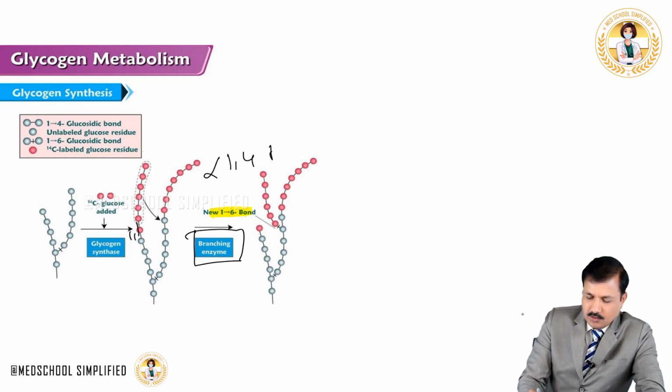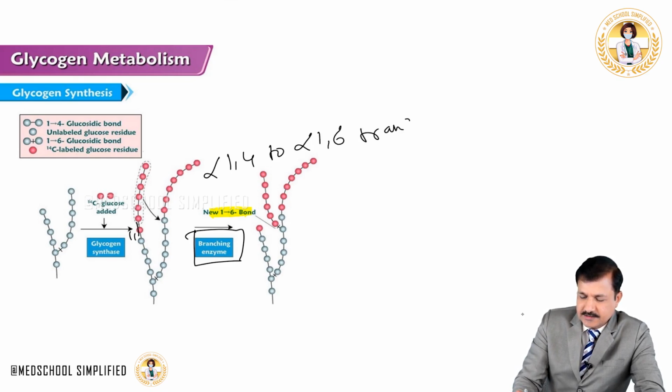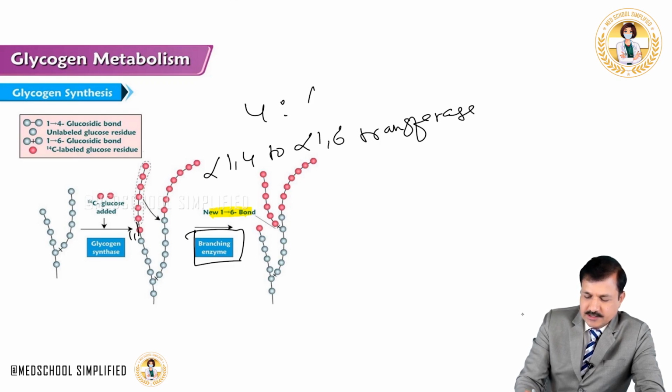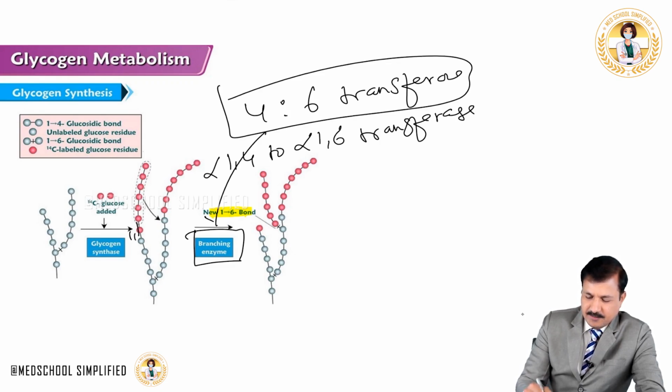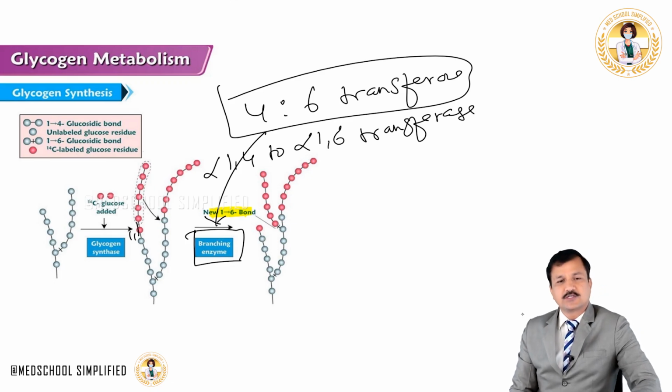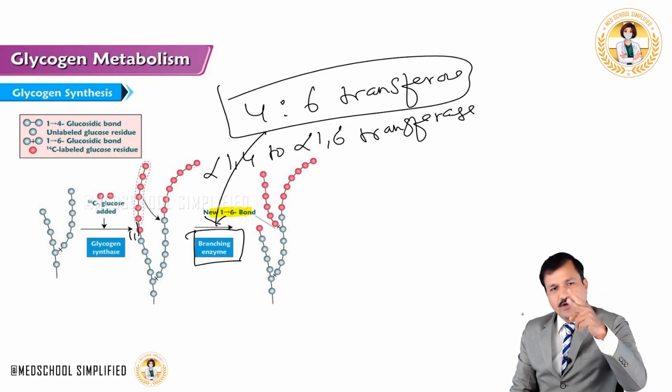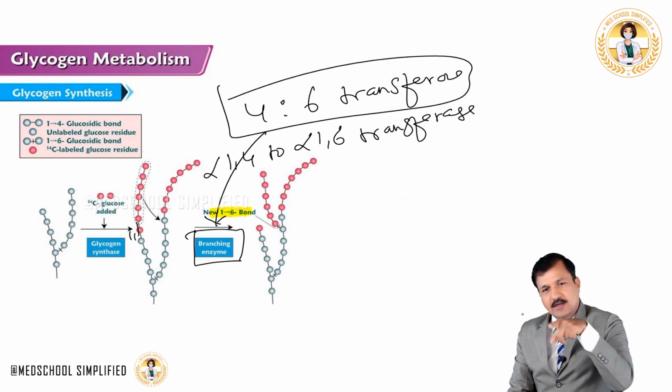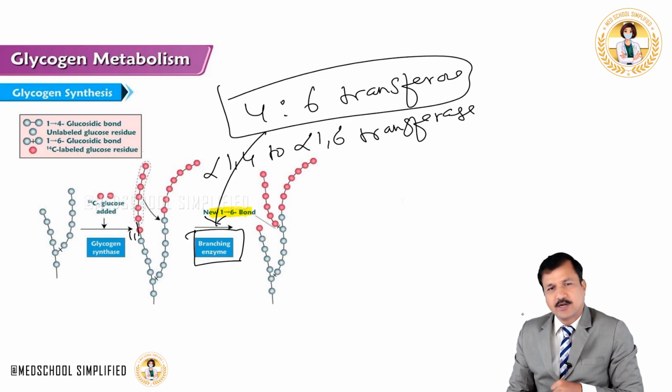alpha-1,4 to alpha-1,6 transferase. It is also simply written as 4,6 transferase. So 4,6 transferase is a branching enzyme. Remember that. Why 4,6? Because the alpha-1,4 bond is clipped and it is creating an alpha-1,6 bond here.